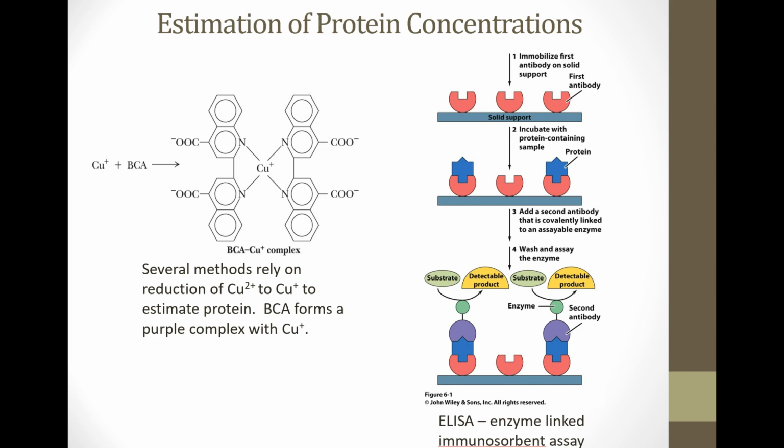You can also use ELISA, which is an enzyme-linked immunosorbent assay. Very powerful technique for quantifying specific proteins based on antibodies. And the way this technique works is you need a primary antibody, which is covalently attached to a solid support.